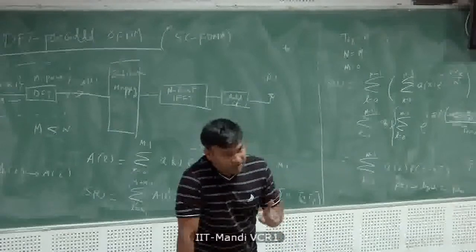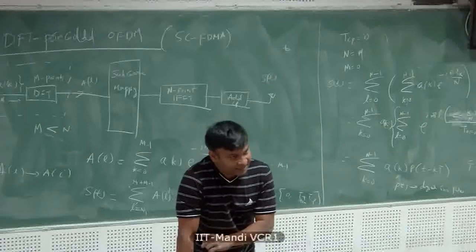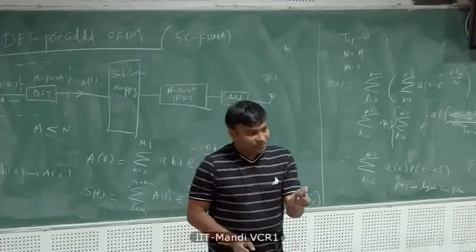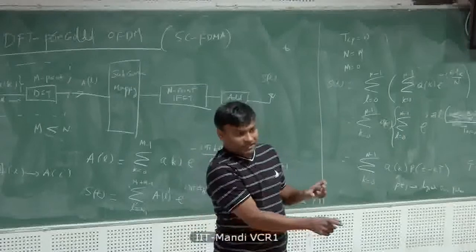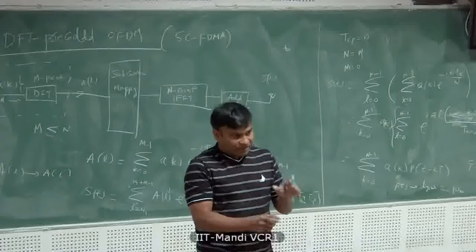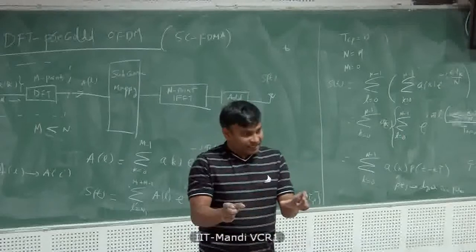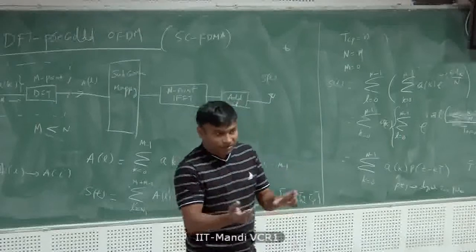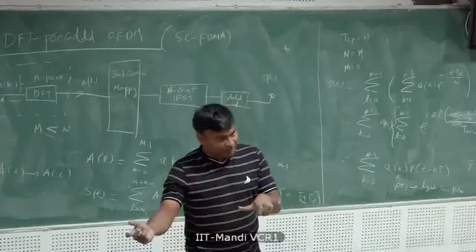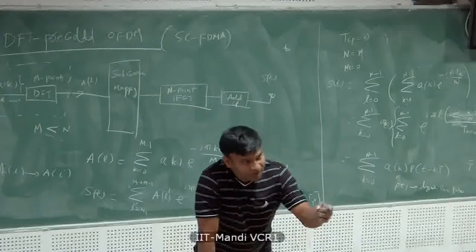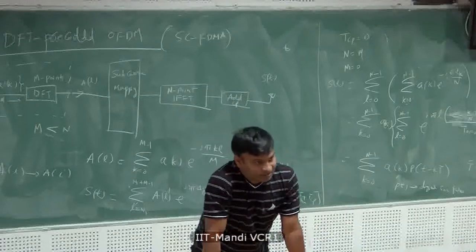But if you want to do the processing using DFTs and IDFTs, that linear convolution will not allow you to take the FFT of the signal, right? Because if the received signal is a circular convolution between A and B, then you can transform it into FFT of A multiplied by FFT of B. So you have to transform that linear convolution into a circular convolution.